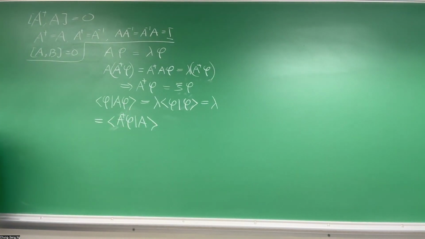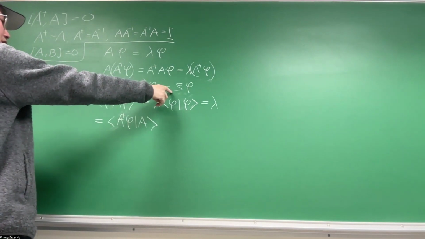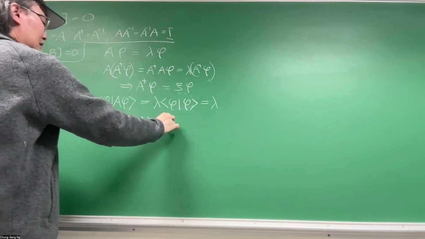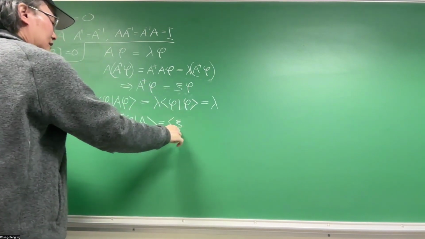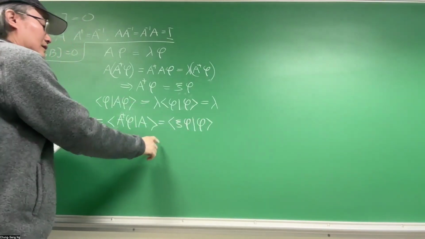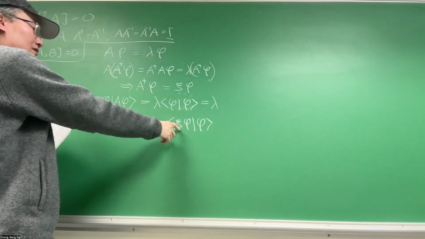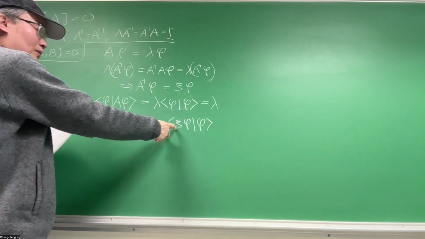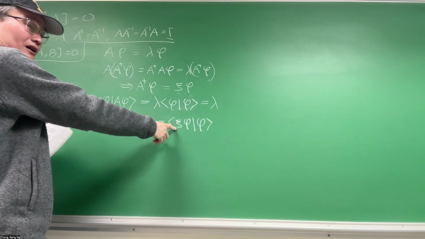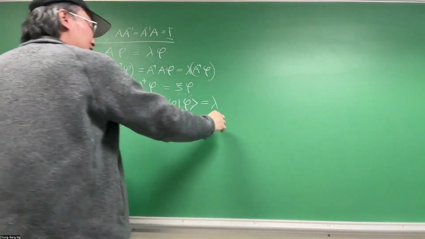We define the adjoint operator this way. Now using this equation, A dagger phi is C phi. C is just a number. Then you use the property of the scalar product: when you pull this constant out of the scalar product, it becomes a complex conjugate because it's on the left-hand side.